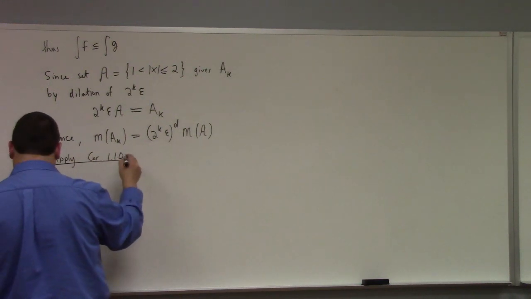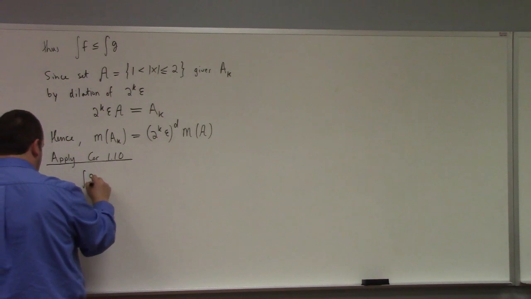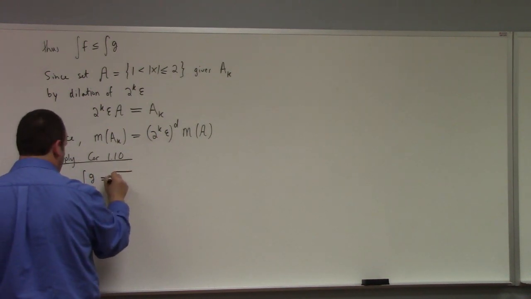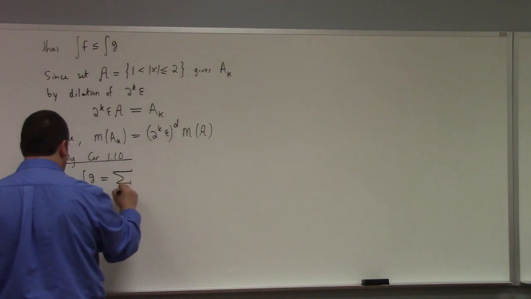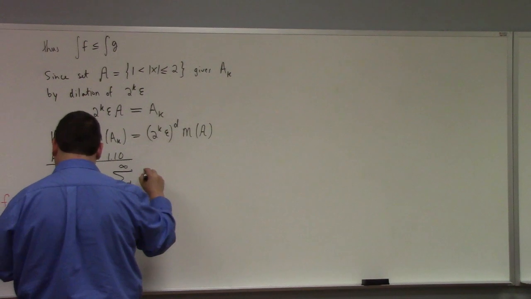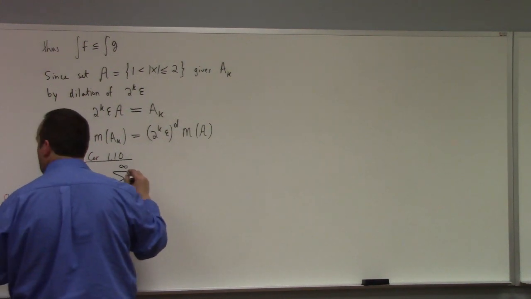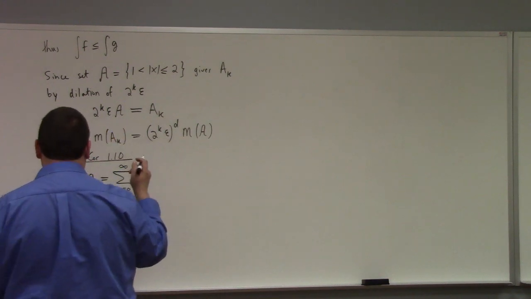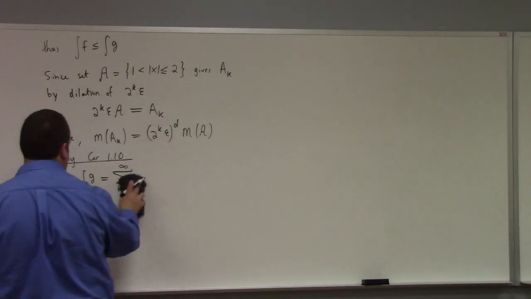See if we can do it. The integral of g is equal to the sum, k equals 0 to infinity. Maybe I should actually write it out here. Let me put in a step he hasn't written down.